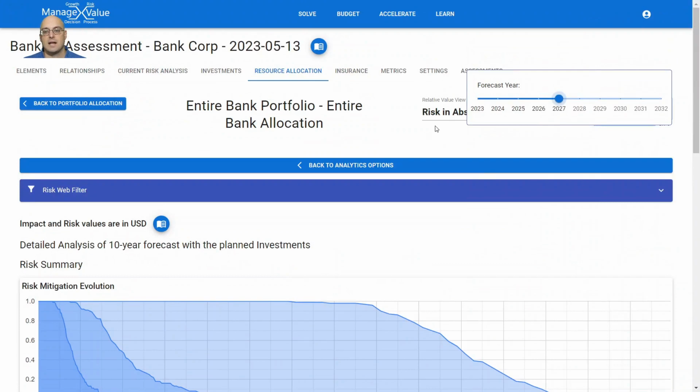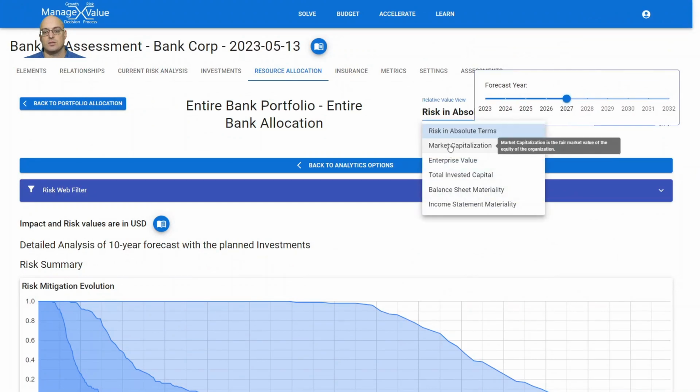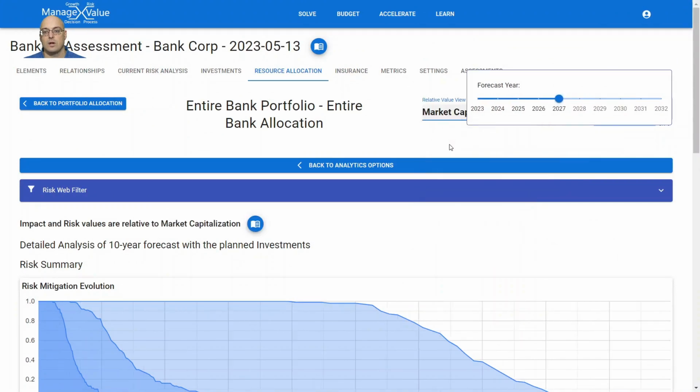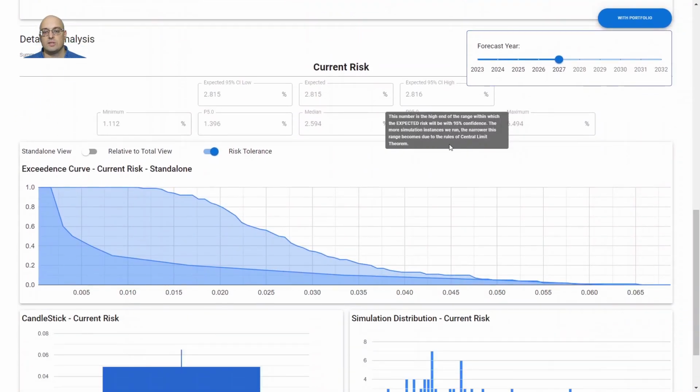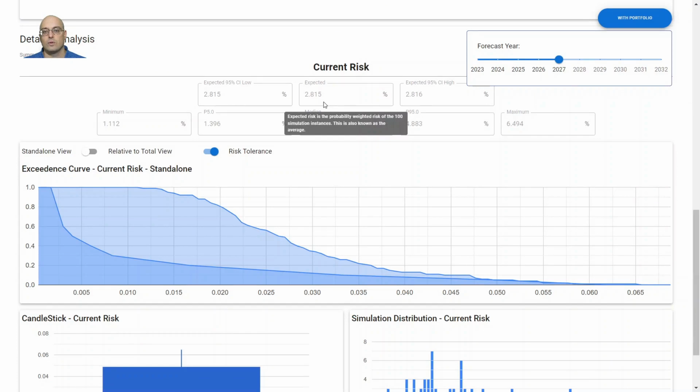At the same time, if the organization switches to a relative view, relative to the market capitalization for the business, what you see here is that the expected risk for the business is only 2.8% of the market cap for a given year.